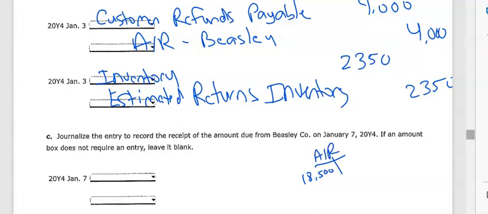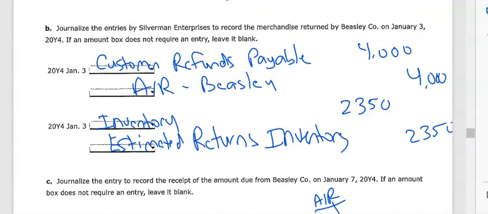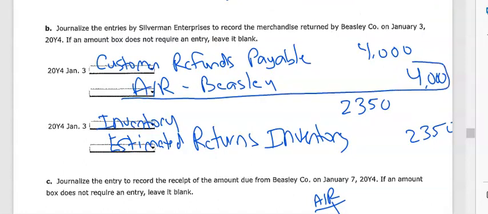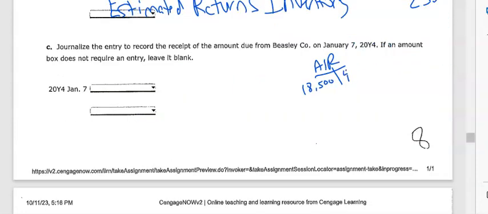And then on the second entry, we credited their accounts receivable for $4,000. So now the question is, how much do they need to pay us? Well, they did owe us $18,500, and then we subtracted out $4,000. So $14,500 is how much they need to pay us.